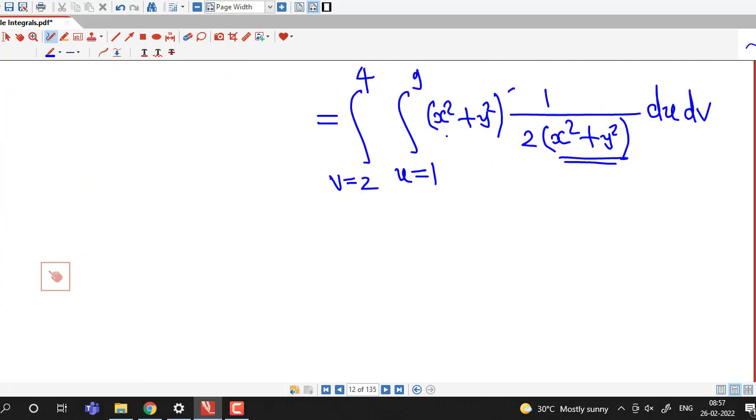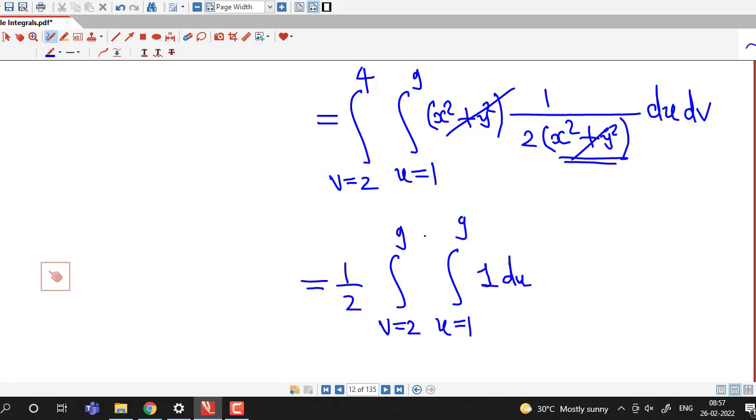So this quantity will cancel out, and we can take 1/2 outside the integral. Limits of integration: v from 2 to 4, u from 1 to 9. Integral with respect to u first and then with respect to v.